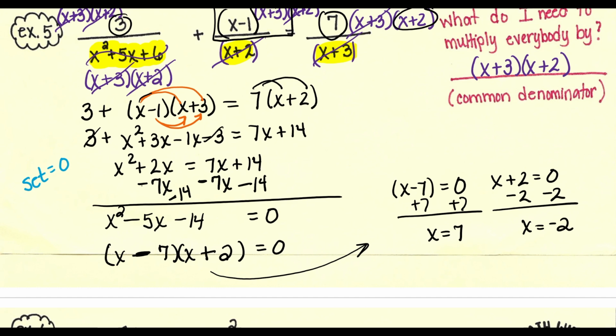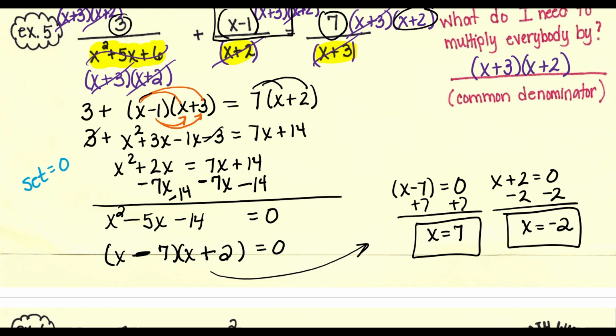All right, we want to check our answers. In these types of problems, you might get a solution that's actually not a solution. In mathematics, we cannot have a 0 in the denominator. So I'm going to look at these two answers, and I need to just make sure that they don't give me a 0 in the denominator of my equations.